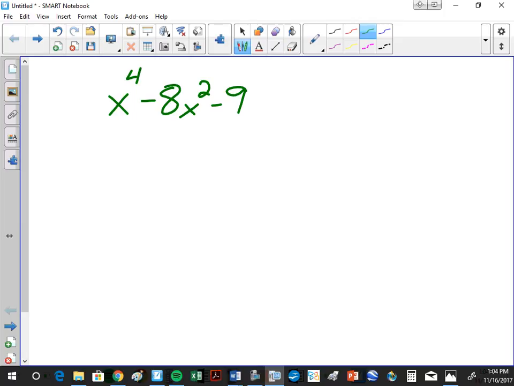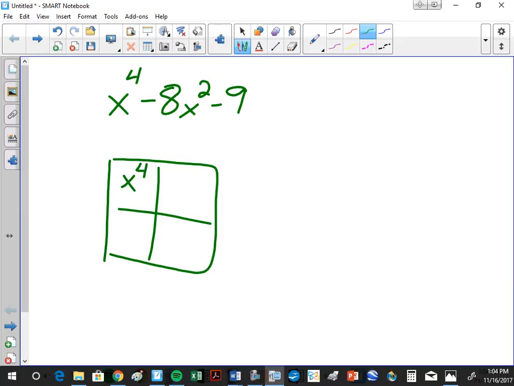So, is the first exponent twice as big as the second exponent? Yes, so we can use the box. Put in x to the fourth and negative 9. x to the fourth times negative 9 is negative 9x to the fourth. Are there factors of negative 9 that add to be negative 8?